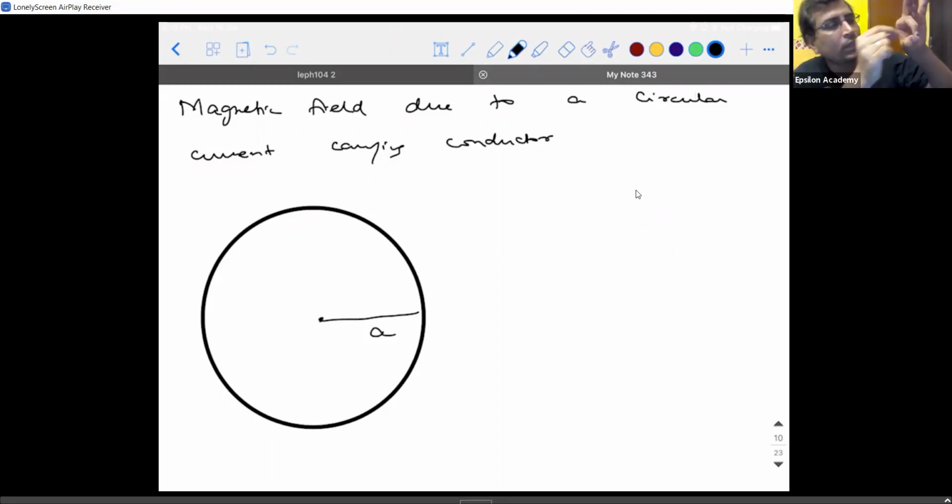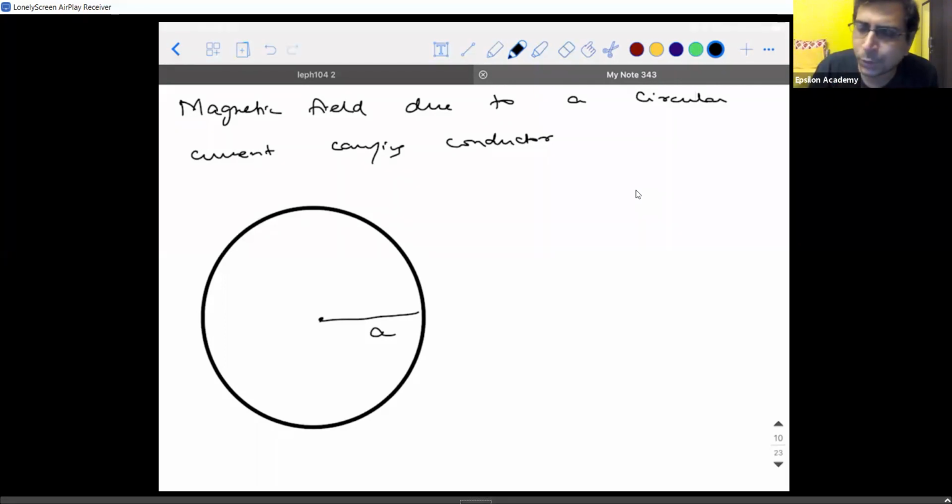So current is flowing. So at a point on the axis of it, it is our job to find the magnetic field. But generally if I take the circle like this, the axis will be here. So I can take this distance as x and find it.